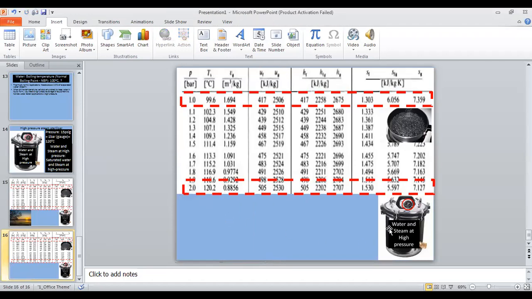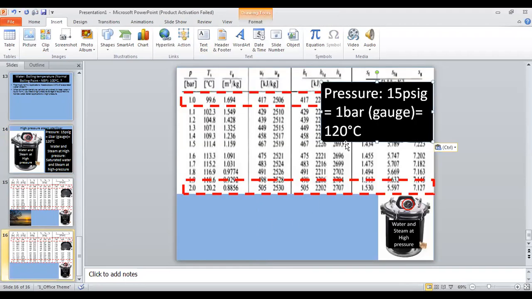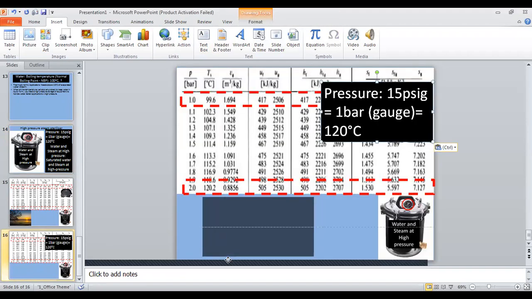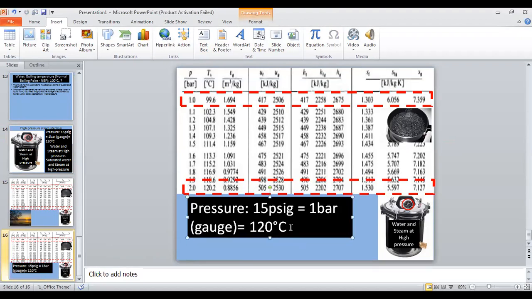So here you can see for this case, I will take it again. Pressure PSIG 1 bar is gauge, temperature 120.